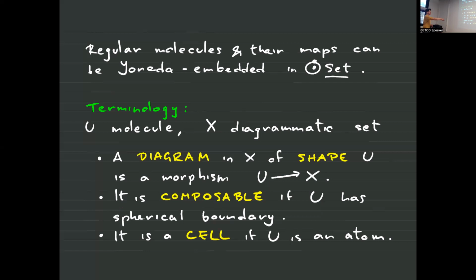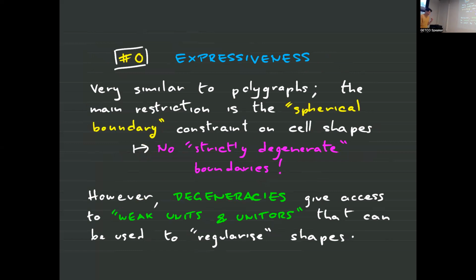If U is round, I call this a composable diagram. And if you use an atom, I call this a cell. So this is a brief description of this model.